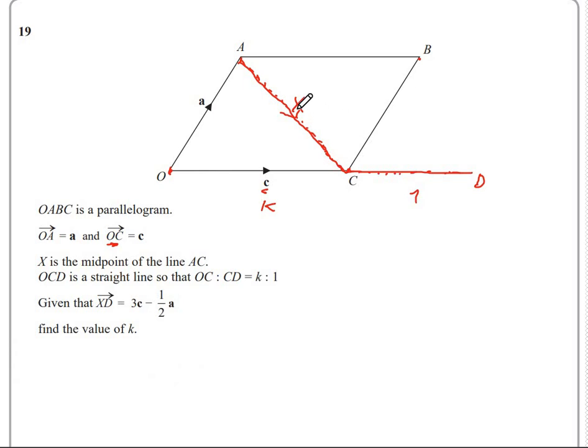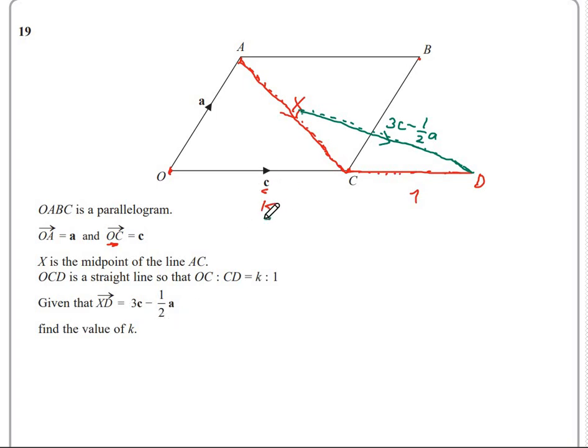I'll fill in another line here from X to D, with an arrow going from X to D. And given that XD equals 3C minus half A, I'm going to write that just above here: 3C minus half A. Okay, find the value of K.